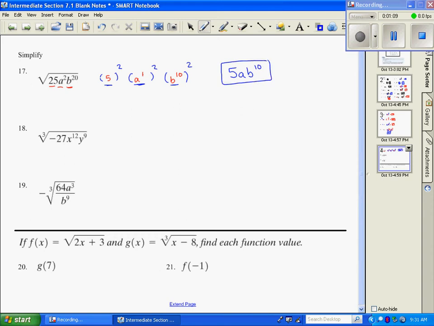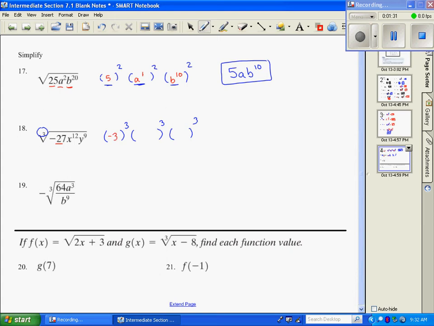Okay, with that same idea in mind, we're going to do that same concept with number 18, except for now my index is now a 3, so I need to know when I'm working this, what cubed gives me negative 27x to the 12th y to the 9th. So I'm going to do one at a time.